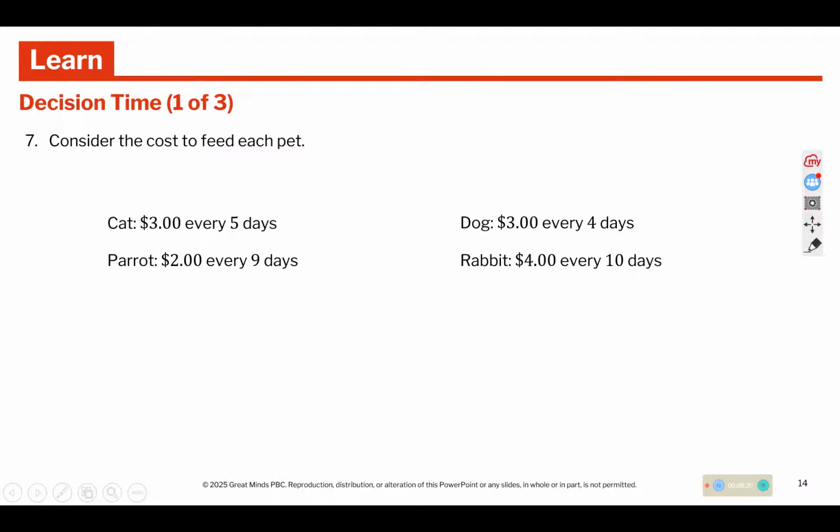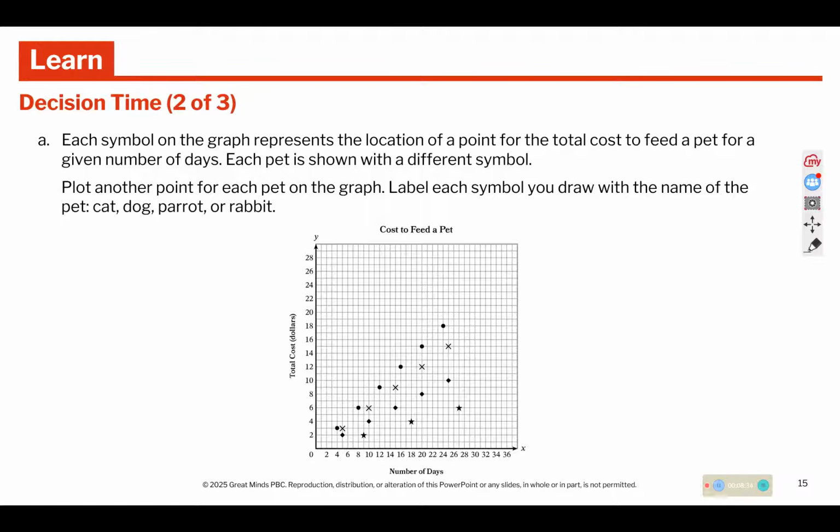Consider the cost to feed each pet. The cat is $3 every 5 days. The parrot is $2 every 9 days. The dog is $3 every 4 days. And the rabbit is $4 every 10 days. Each symbol on the graph represents the location of a point for the total cost to feed the pet for a given number of days.